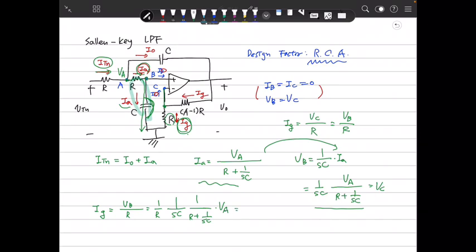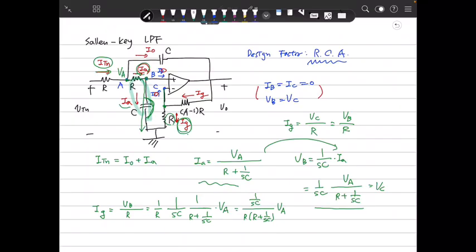Okay, we'll simplify. That will be like 1 over SC times 1 over (R plus 1 over SC) times VA.